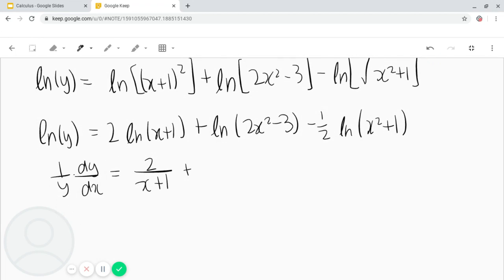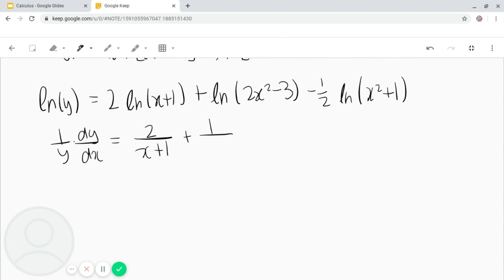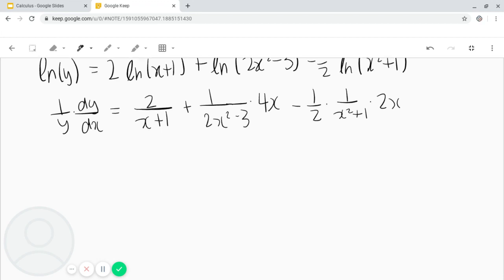Got a bit ahead of myself there. So we're going to take 1 over 2x squared minus 3 times 4x, just doing that chain rule, and then minus 1 half times 1 over x squared plus 1 times 2x. Okay, that looks better. Sorry about that.